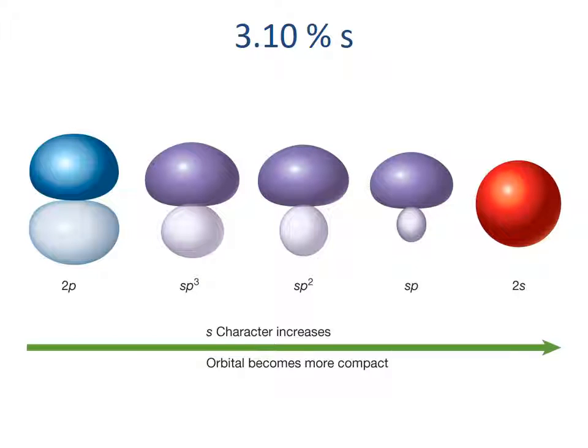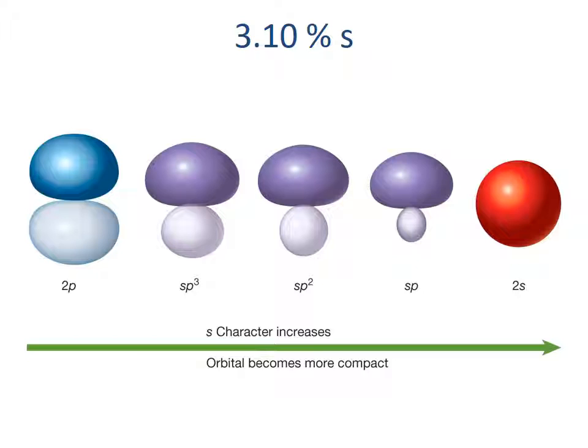Another important gift of molecular orbital theory is that it allows us to think about the shape of orbitals that are around any atom. S orbitals are lower in energy and more compact, and the greater percentage of a hybrid orbital that is made from s orbitals, the more it will be compact like the s orbital.